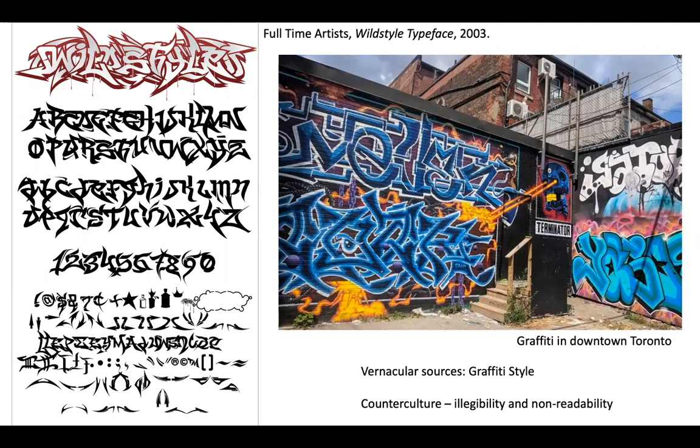They would use a variety of fonts or types or manners of writing that they had developed over time. And so this one is systematized, right, into this wild style. It's actually called like that, wild style typeface. And here we have A, B, C, D, E, and so on.